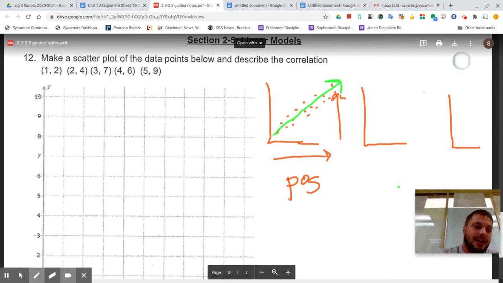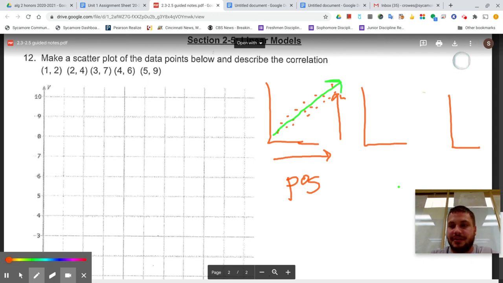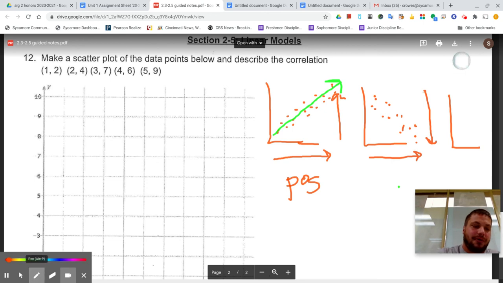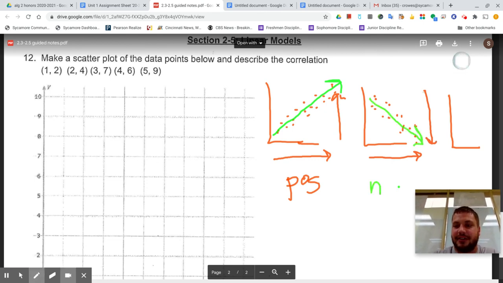Negative correlation is as my x's get bigger, my y's get smaller. So notice as my x's got bigger, my y's got smaller. Or another way to think about it is it appears that it generally has negative slope. And if it's just random, if there seems to be no pattern to its movement, that's no correlation.